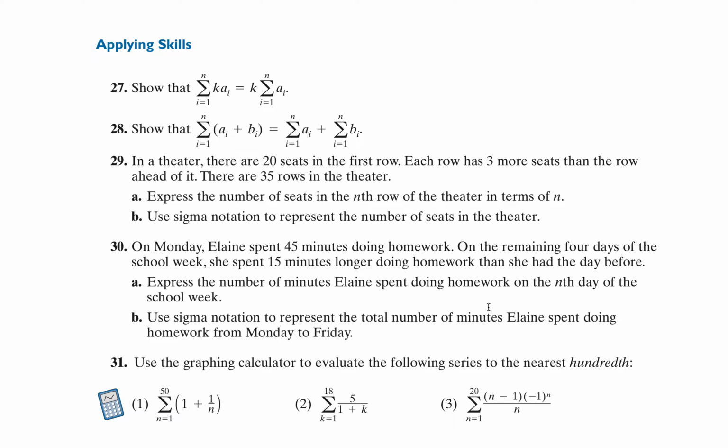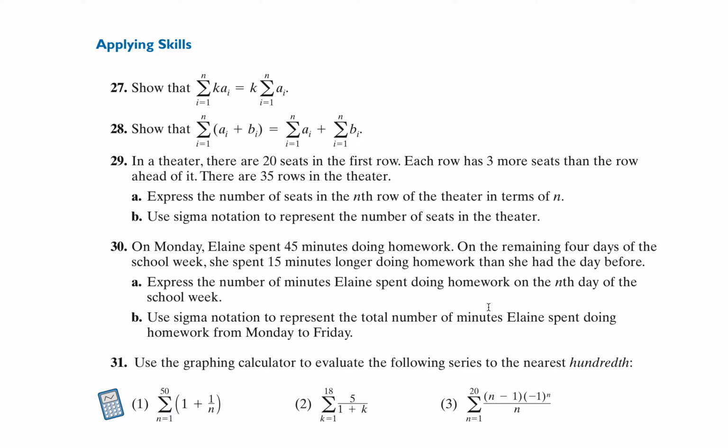So the first term is 45 minutes. And since she spent 15 minutes longer each day, the common difference is 15.